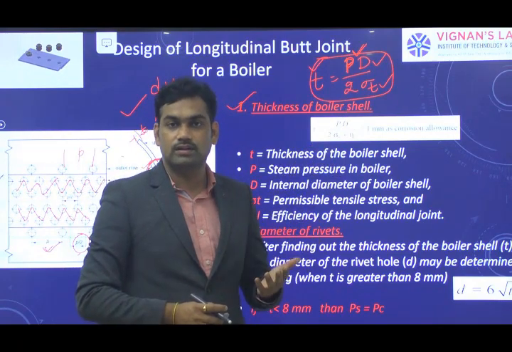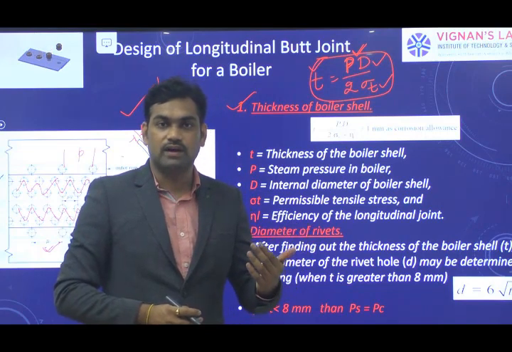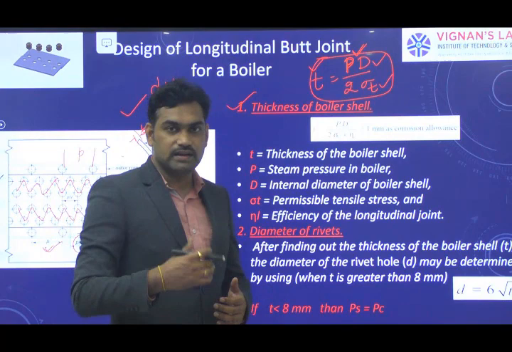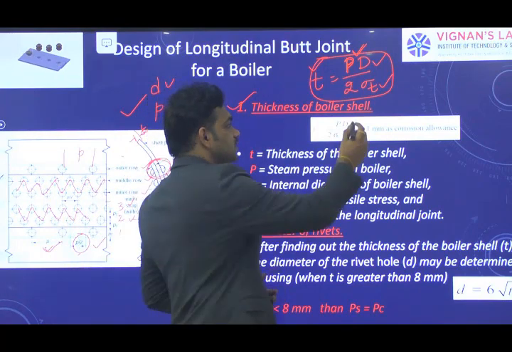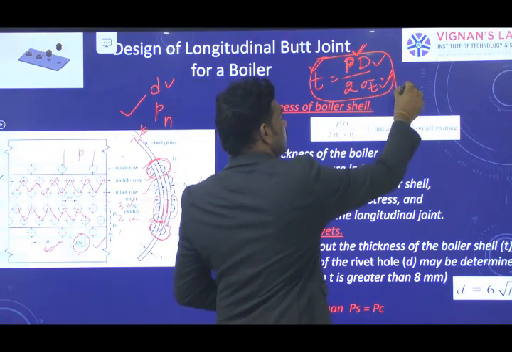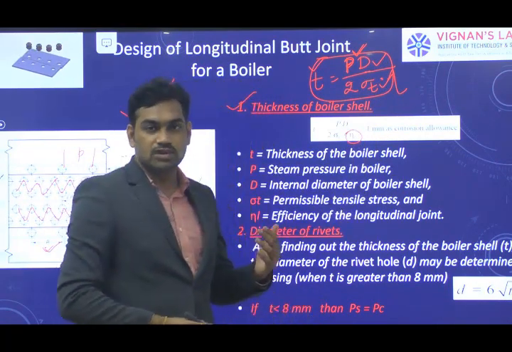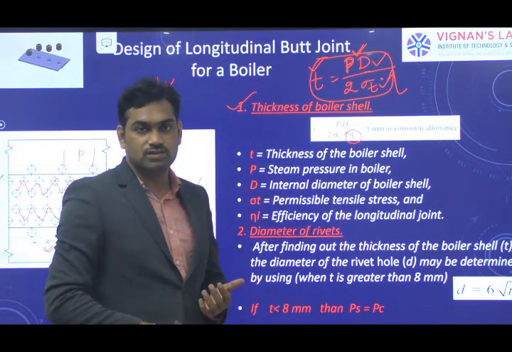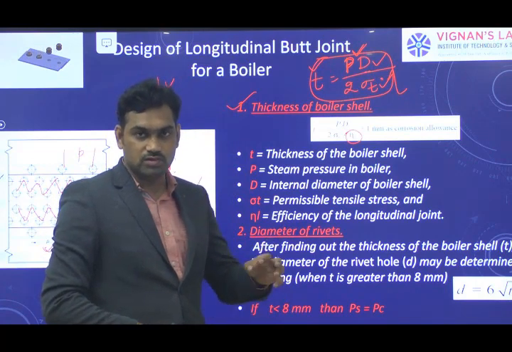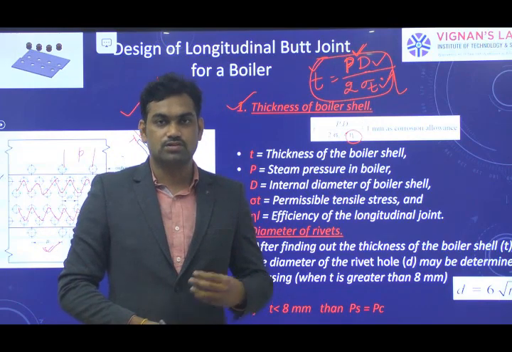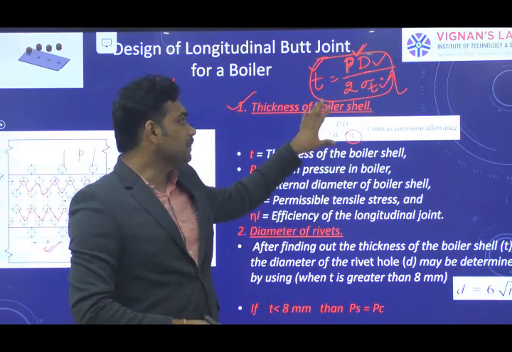The ratio of the strength of the riveted plate to the strength of the unriveted plate is considered as the efficiency. So we can consider the efficiency in the equation, that is PD by 2 sigma t into efficiency of the joint. Because we are drilling holes, the strength of the plate reduces, so we consider the efficiency in the equation.